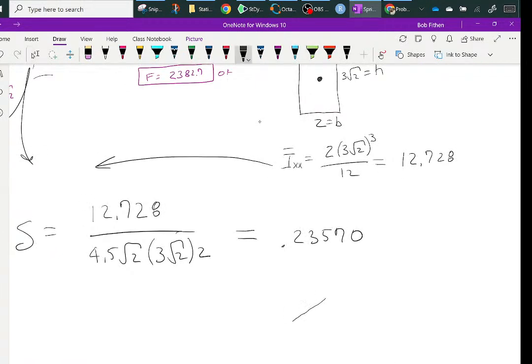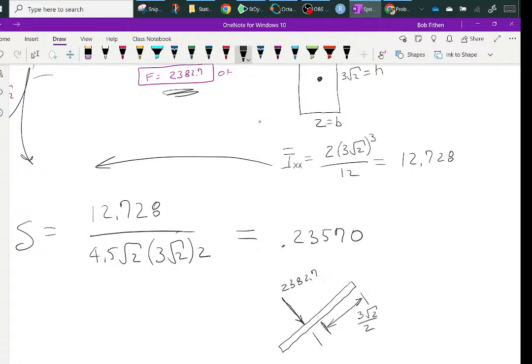So here's my gate. That doesn't look like 45 degrees, but that does. Here's my gate. The centroid from here, we have to remember that gate, its total length was 3 square root of 2, but half of that is the distance down to there. The center of pressure means that's where the load is located. We found that out as this 2382. Okay, let me rewrite that.